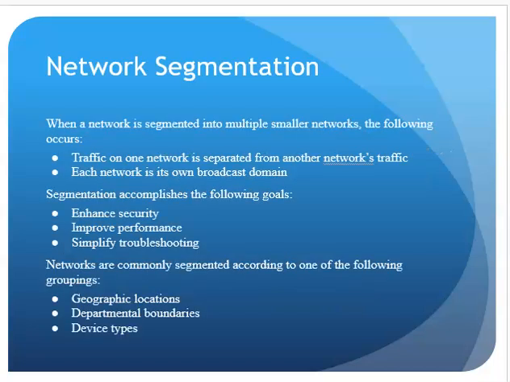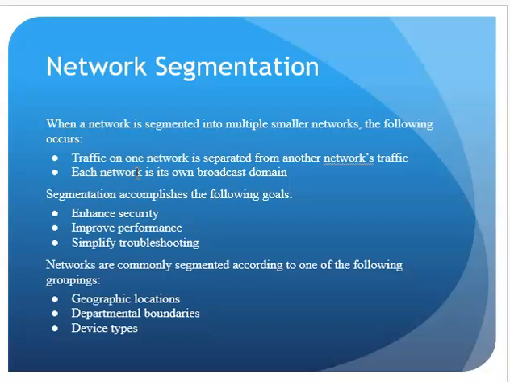So network segmentation, when a network is segmented into multiple small networks, the following occurs. We now start containing our traffic. The traffic in this building is separated from the traffic in the next building. That network then is its own broadcast domain, meaning if a protocol broadcasts, it's still contained in that small area, and that traffic does not broadcast out to the next building, next building, next building, and so forth.